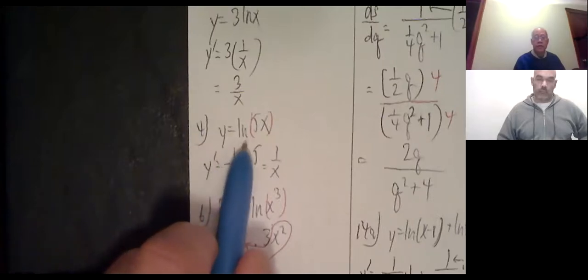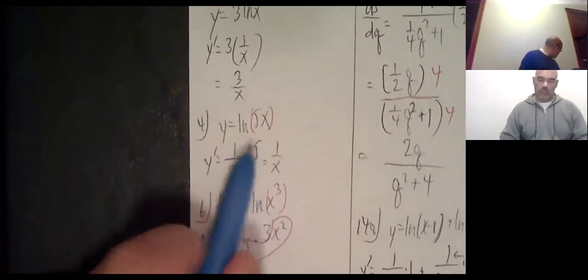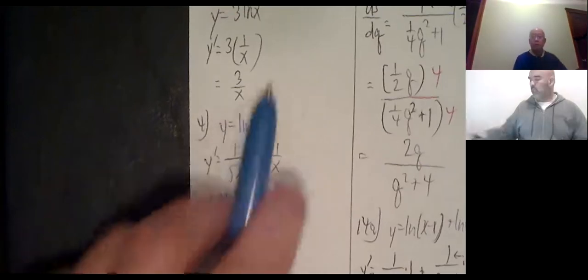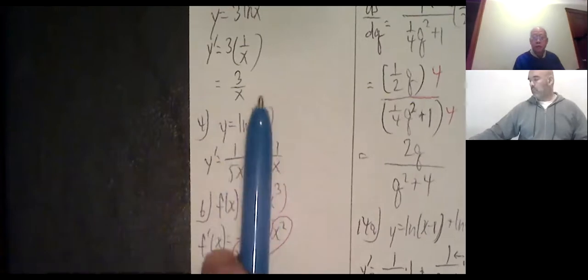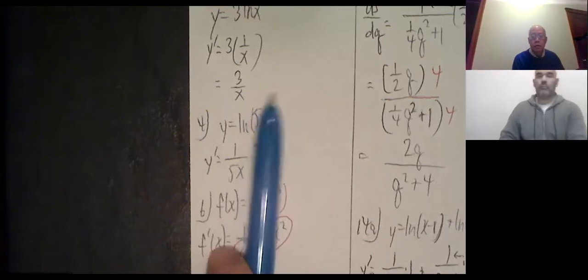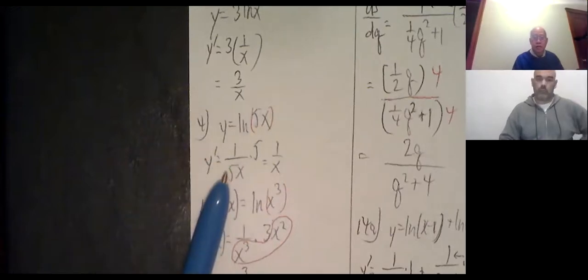Y equals ln of 5x. Let me keep the book here so I can see it. Okay, so this is the chain rule. It's ln of something. So you first go 1 over that thing. So 1 over 5x.